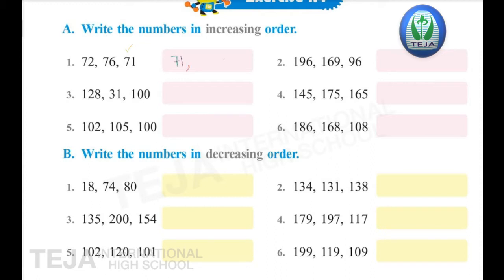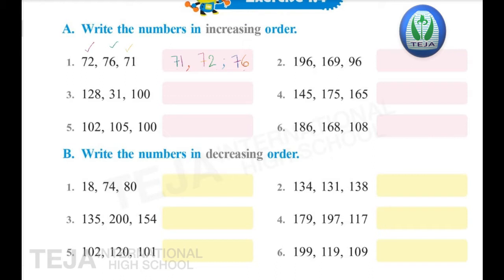Next, now here only 2 numbers are there, that is 72 and 76. Next smallest number is 72. So write 72 in the box. Now the last number is 76. Write 76 here. Now see, children, see the numbers, they are in increasing order from smaller to bigger. 71, 72, 76.